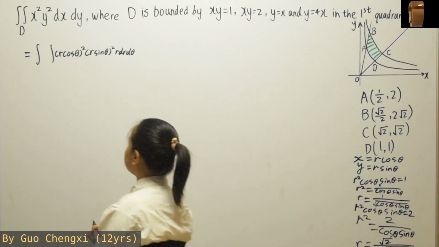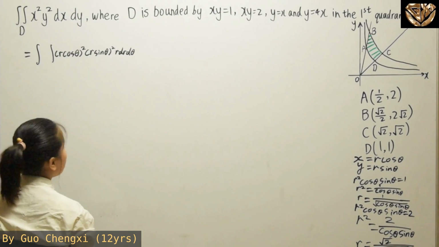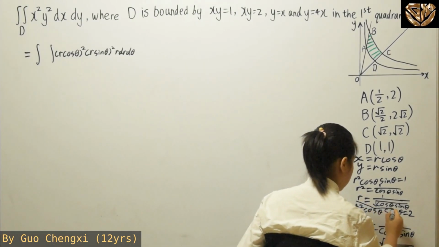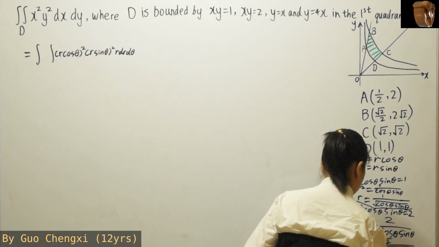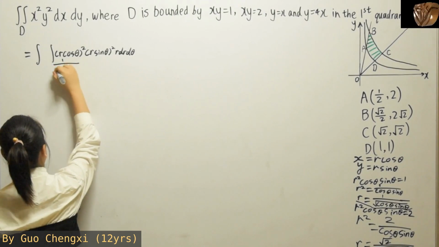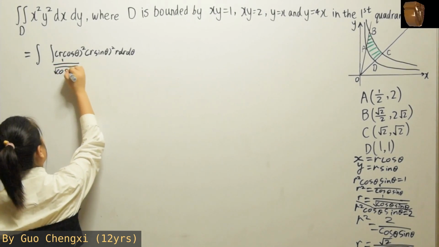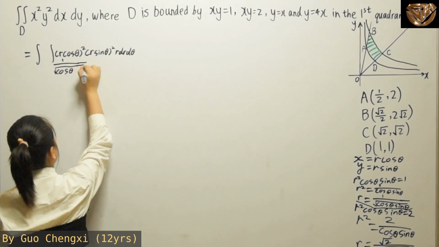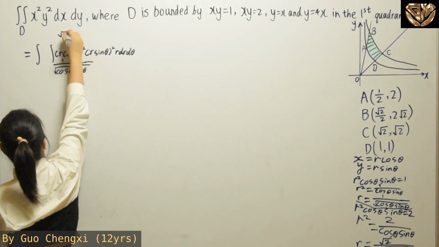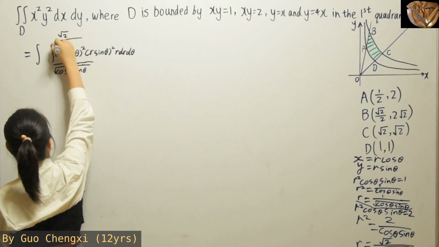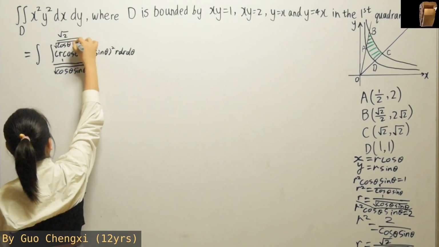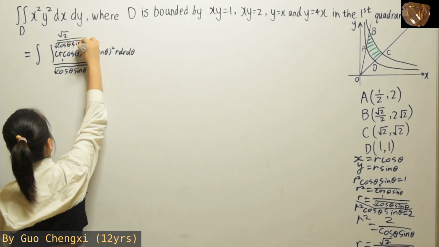Now that we have our boundary for r, it is from 1 over square root cosine theta sine theta to square root 2 over square root cosine theta sine theta.